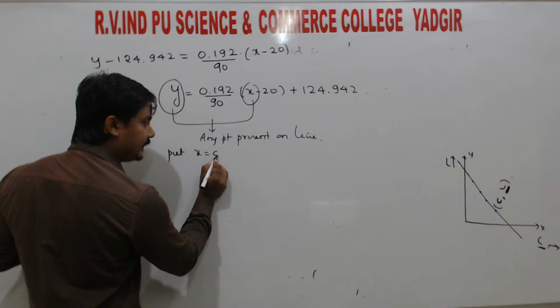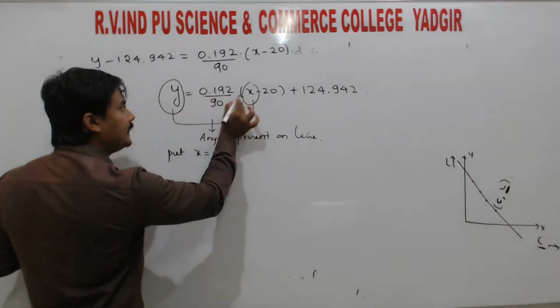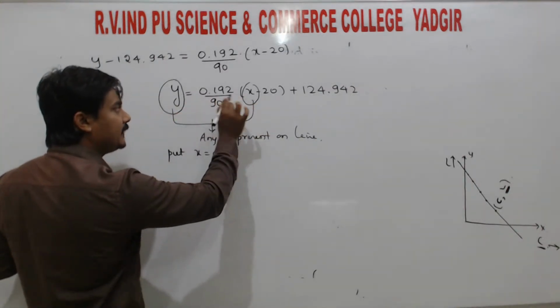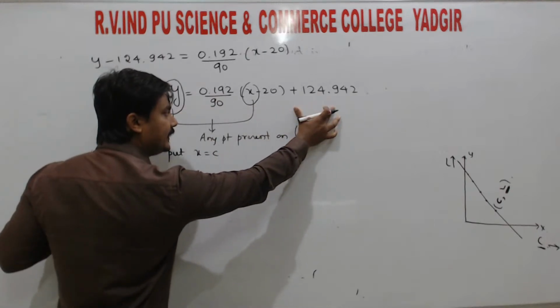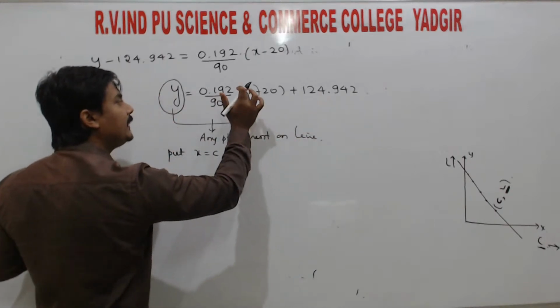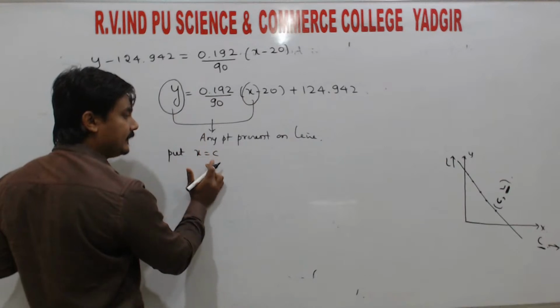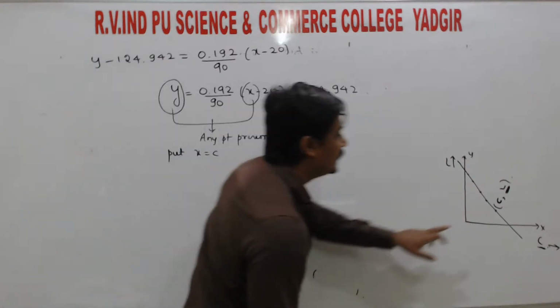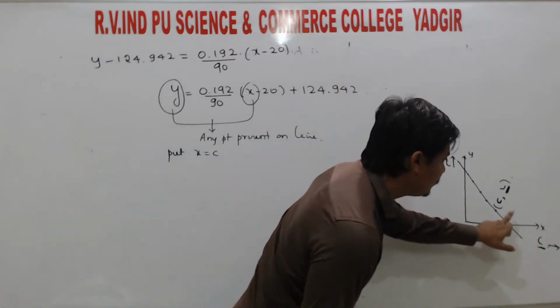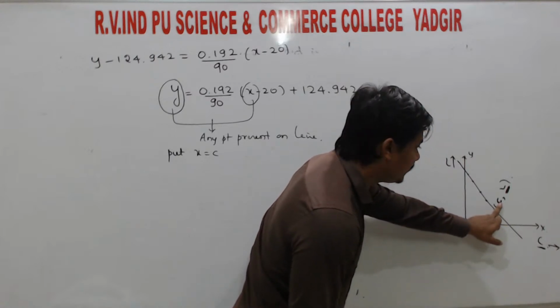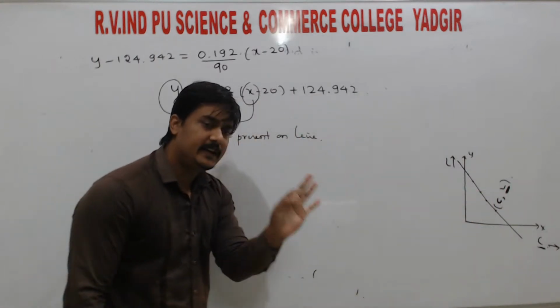Put x equal to c. Why are you putting x as c? x comma y stands for any arbitrary point present on this particular straight line relation, and we know that we have taken x here as the Celsius temperature along the x-axis. Whatever x coordinate you get on this straight line will be the information pertaining to Celsius.